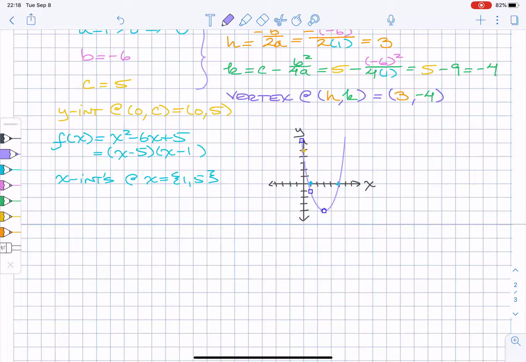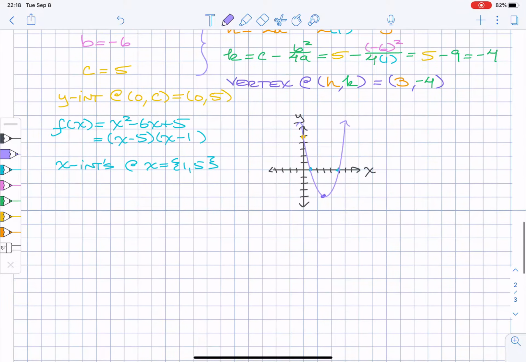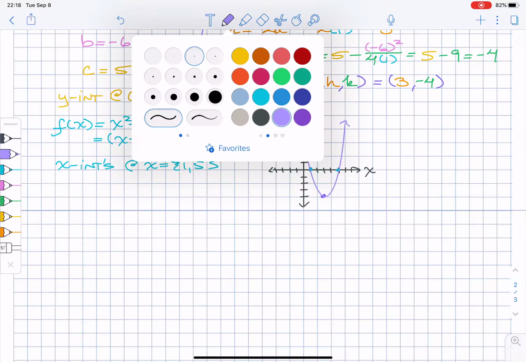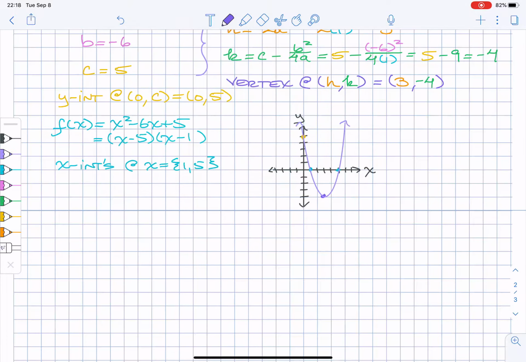There we go. Okay, that looks pretty good for this autocorrect business. So it opens upwards, and there we are. So notice that what we have at the vertex is a minimum.